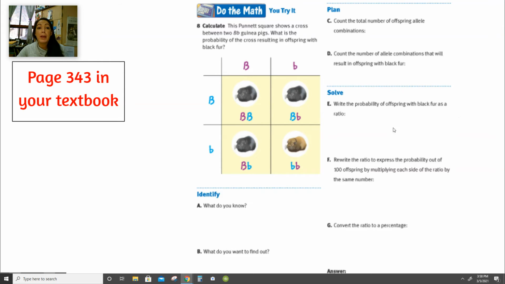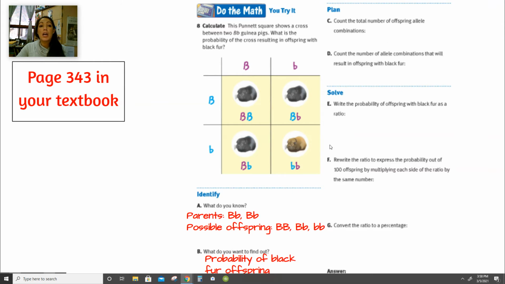Well, we know both parents have capital B, lowercase b, and if I cross them, my possible offspring are a capital, I've got some capital lowercases, and lowercase. So I have every possible genetic outcome as a possibility. So we're trying to find the probability of a black fur offspring.